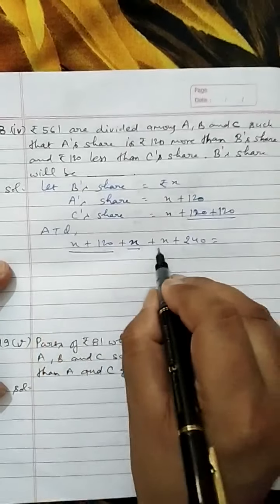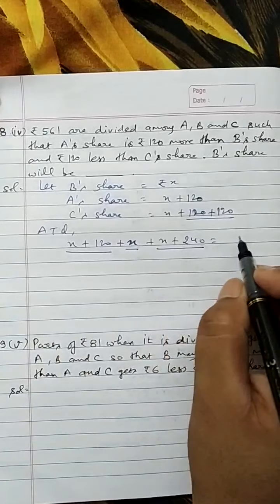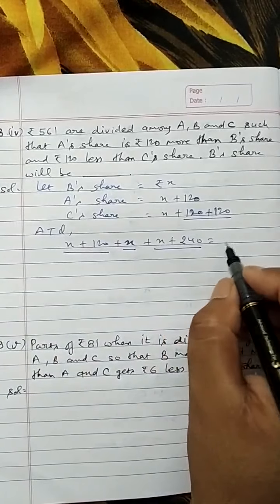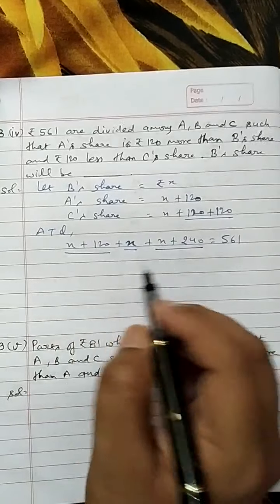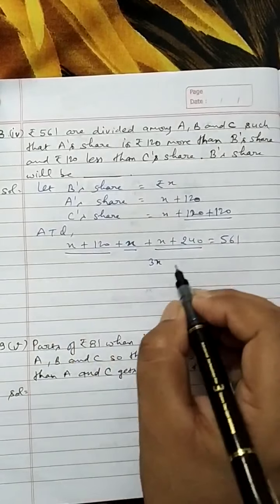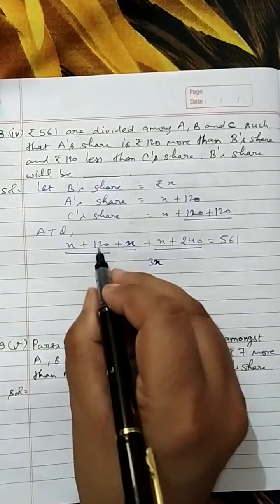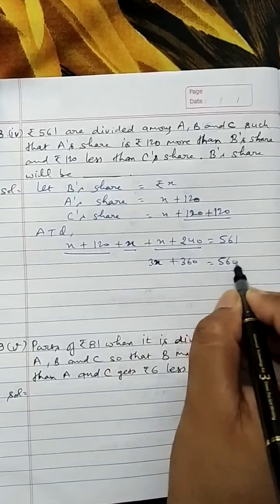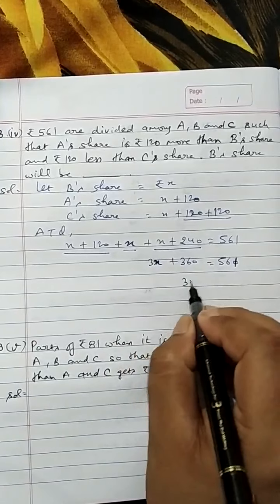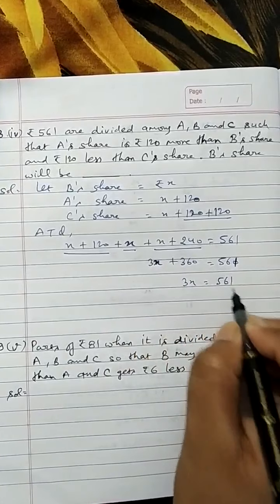A, B and C's shares added give us 561. So X plus X plus X gives you 3X. 120 plus 240 gives you 360. 561.